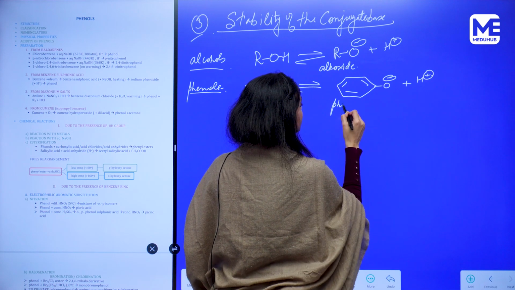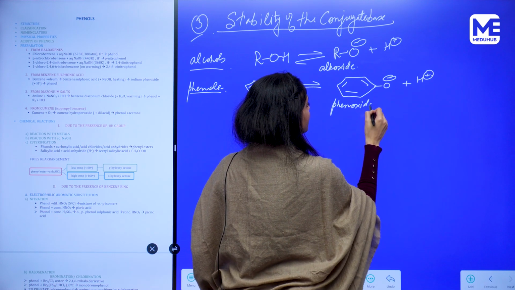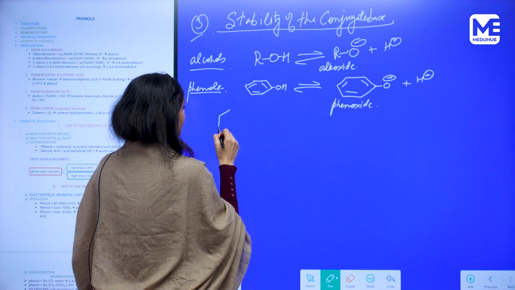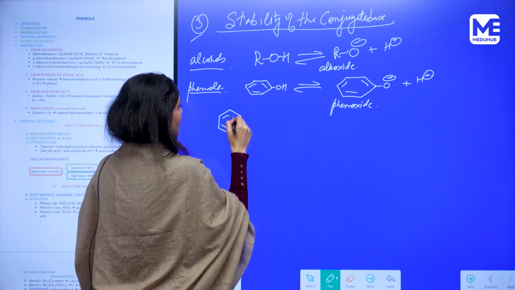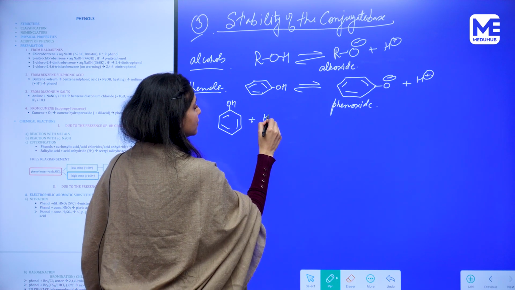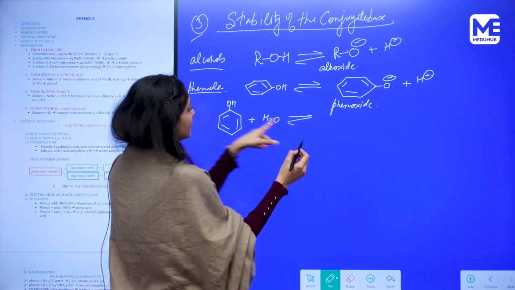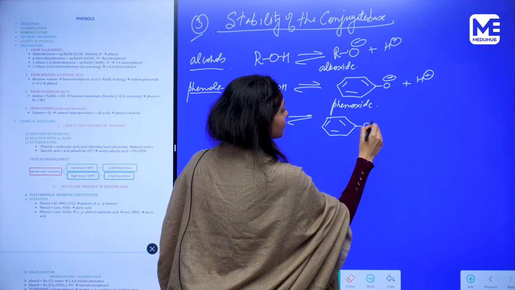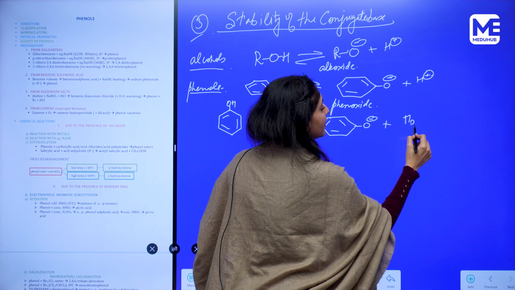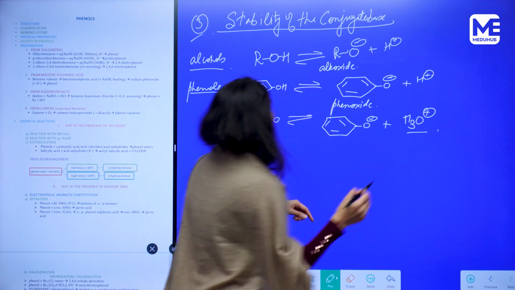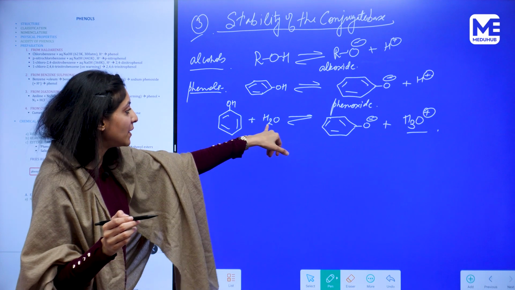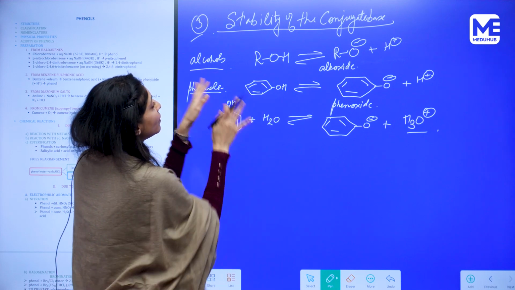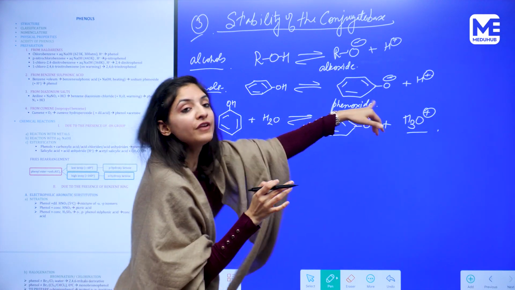This is phenoxide. And if we talk about phenols ionizing in water, this reaction takes place. In water, phenols again ionize to give a phenoxide ion and H3O plus. A proton is released which is taken up by water to give us H3O plus. Alright, so the conjugate base here for alcohols is alkoxide and for phenols is phenoxide.